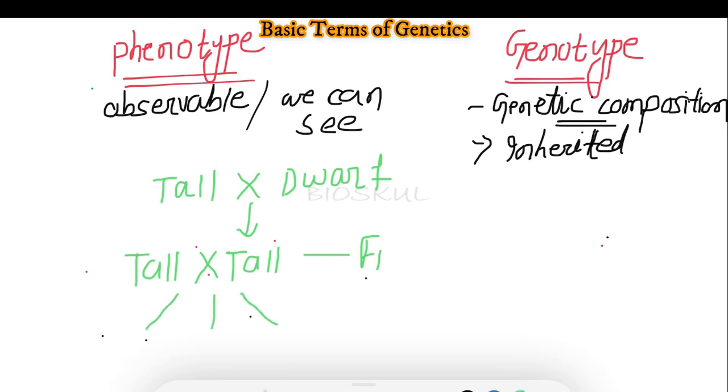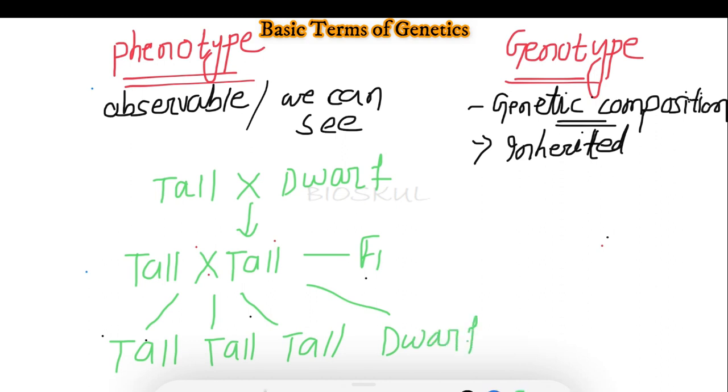He observed 3 plants are tall and 1 dwarf plant. In the F2 generation, what is the ratio of tall to dwarf? It is 3:1, right?